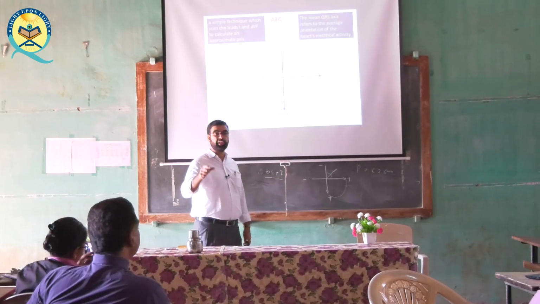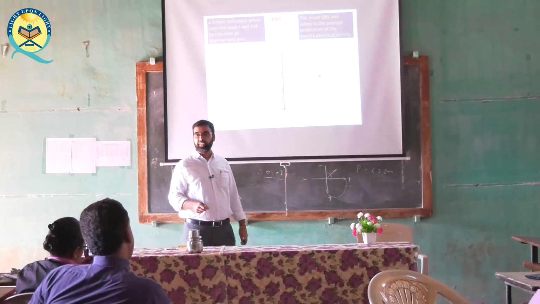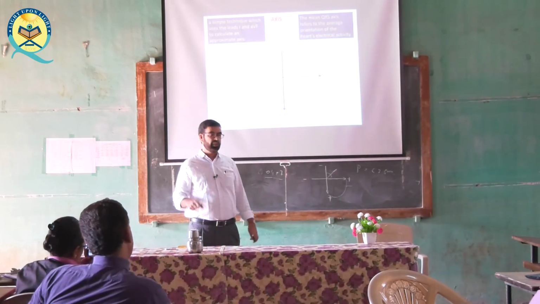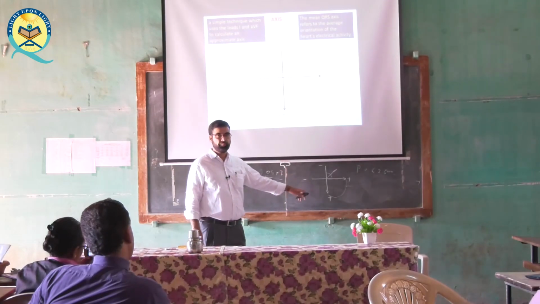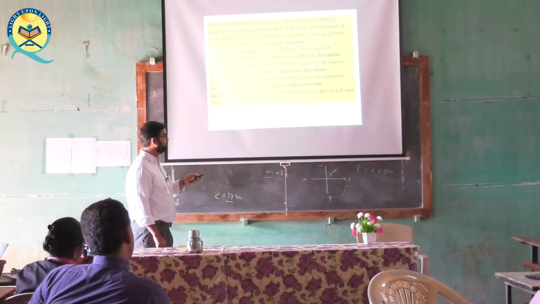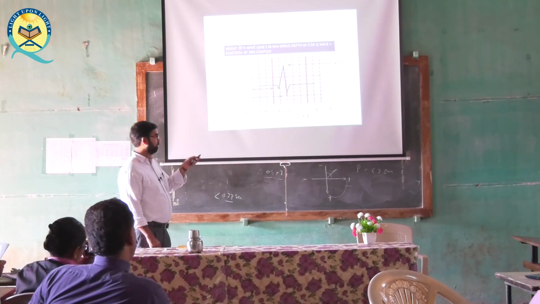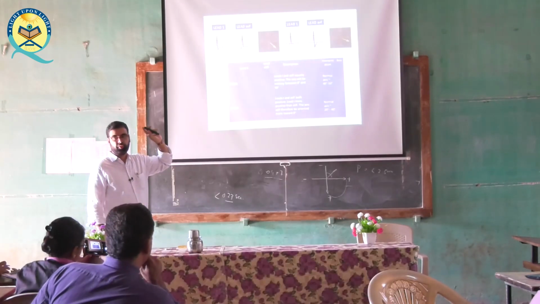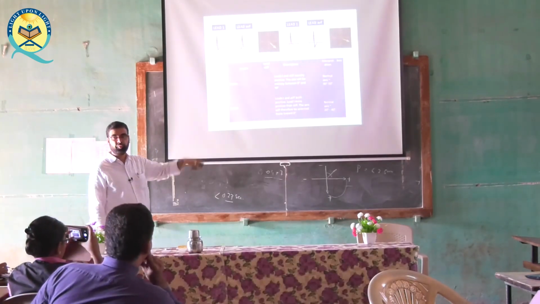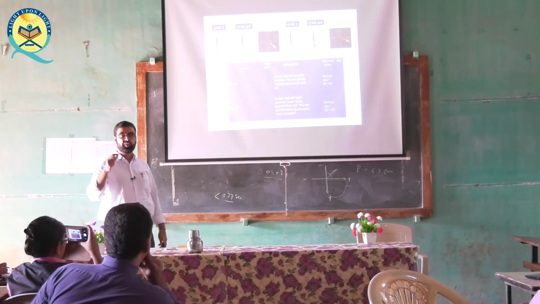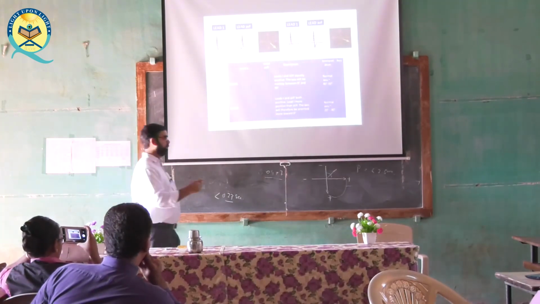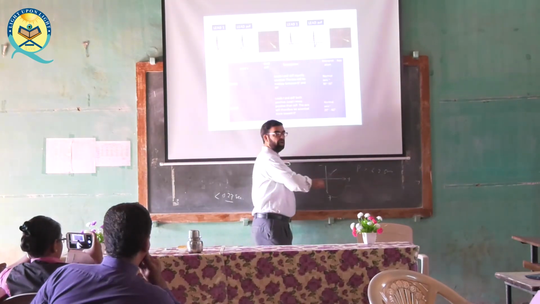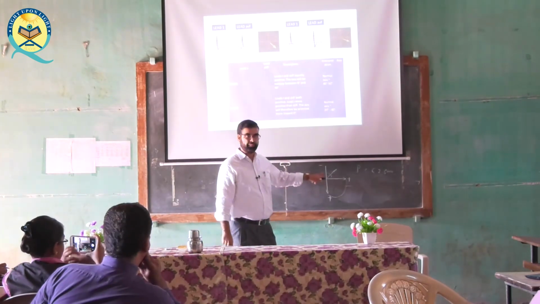Now how to calculate whether it is right axis or left axis? These two leads we have drawn. Now see, this is lead 1 and lead AVF. You should plot the sum total of lead 1 on the horizontal line, lead 1 line.